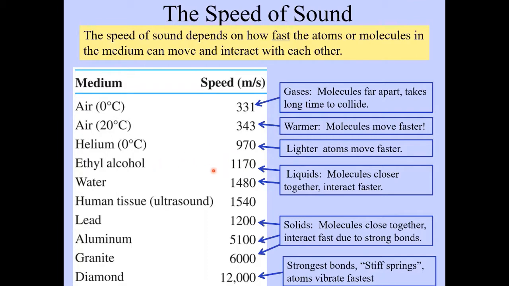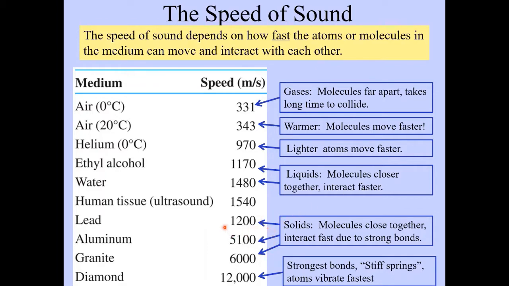All right, going down the chart here, we see liquids are next, and liquids have much higher speeds of sound. This is just because the molecules are closer together. They can interact with each other much more quickly. They don't have to move as far to bump into their neighbors. And then finally at the bottom are solids.